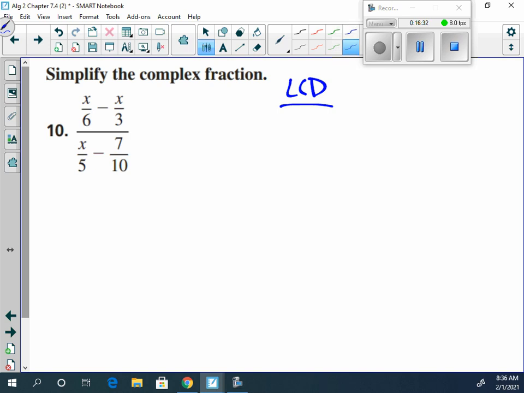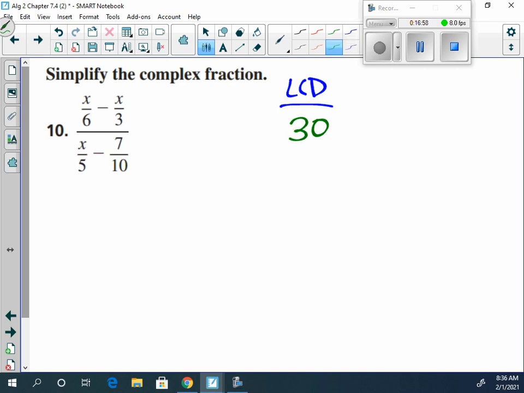Oh, wait, it has to end in 0. Yeah, it has to end in a 0, because if 10 is a factor of it, it has to end in a 0. Otherwise, it won't simplify with 10. So that's kind of nice, because we know it has to be some number with a 0. The first number that all of these would reach would be 30.